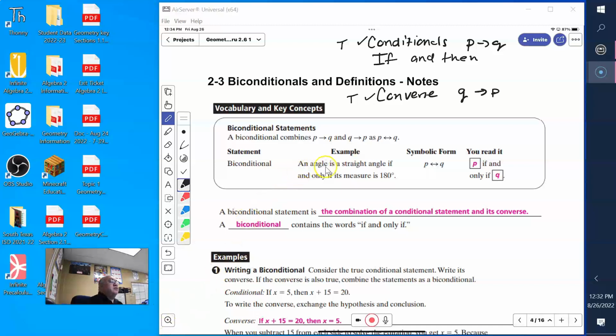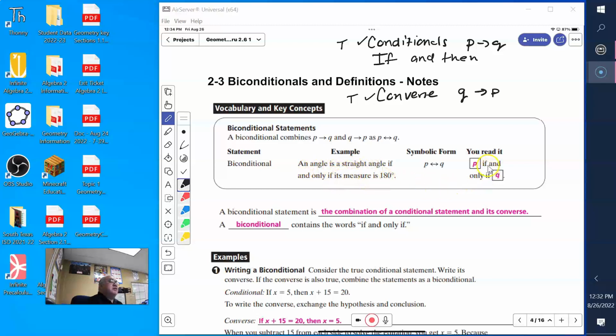An angle is a straight angle if, so that's a hypothesis. The conclusion is only if its measure is 180. So that means if the angle measure is 180, then the angle is a straight angle, and that's true. We know that if an angle is a straight angle, then the measure is 180, so that's true.